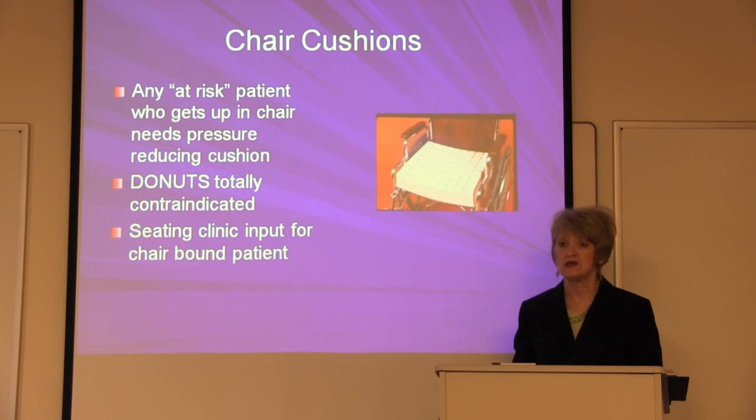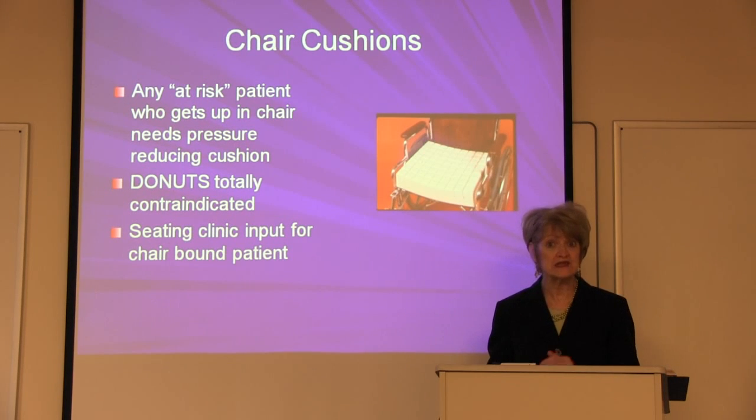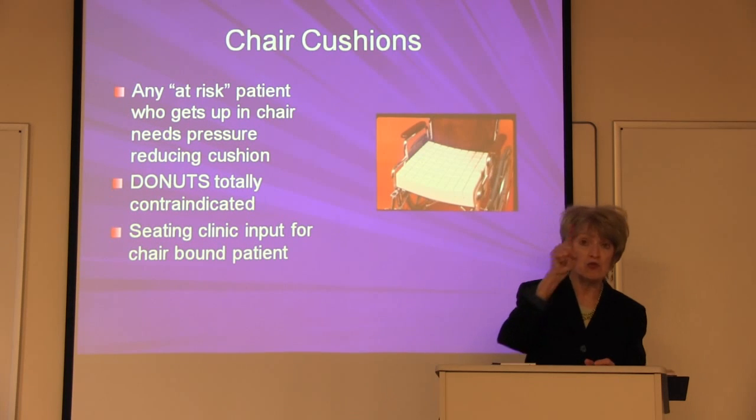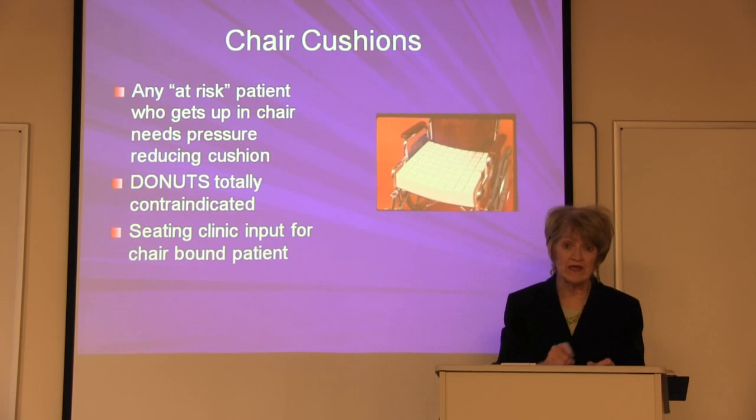What about donuts? Absolutely not. People still sometimes want to put people on donuts because it looks to them as if they're getting great pressure relief. They're like, well, look, I've totally offloaded the ischial tuberosities or the sacrococcygeal area. You have offloaded it, but you've compressed all the tissue around that area.